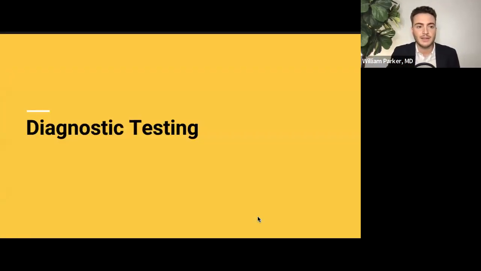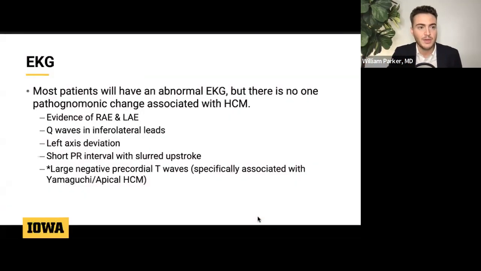So let's talk about diagnostic testing for hypertrophic cardiomyopathy. Always start with an EKG. An EKG is just another one of the vitals, right? Most patients will have an abnormal EKG if they have hypertrophic cardiomyopathy, but there is really no canonical or pathognomonic finding that you'll see in all of these patients. Look for inferior or inferolateral Q waves, as the patient example I showed you earlier had.